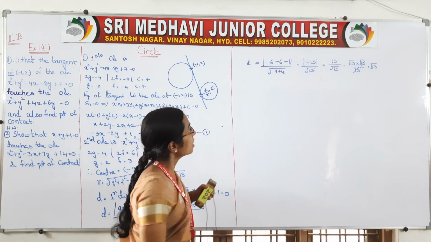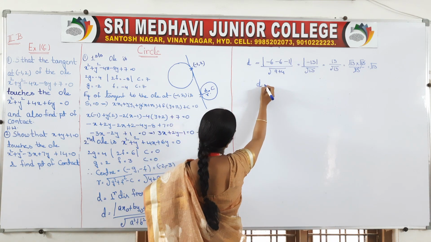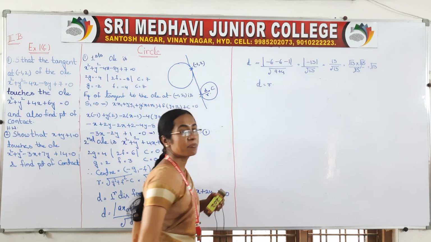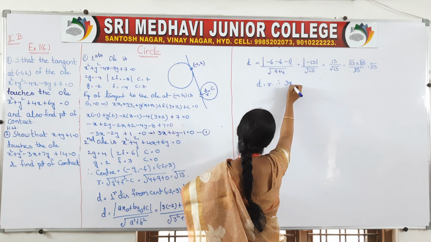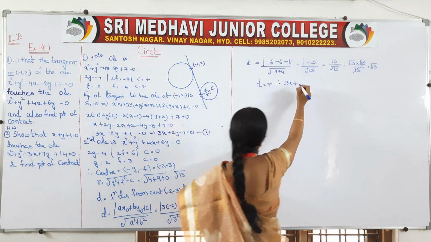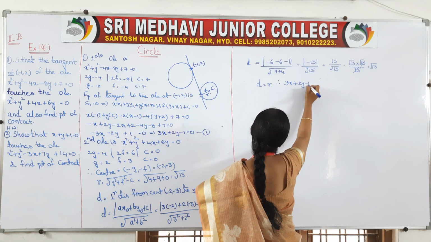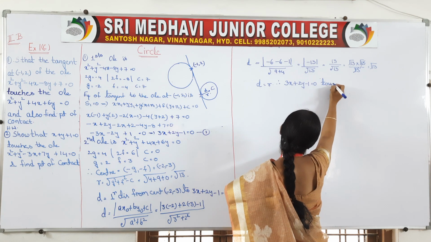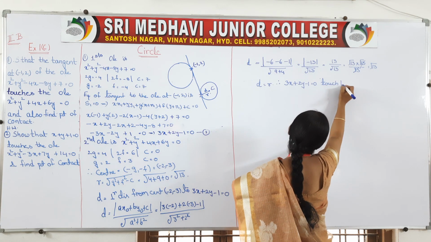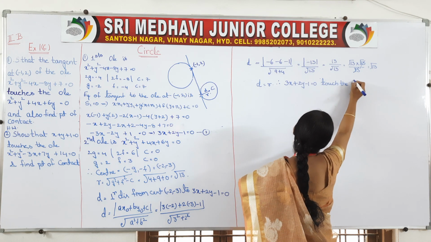So observe, you got your D is equal to R. Therefore, the line, which line? 3x plus 2y minus 1 is equal to 0, touches the second circle.